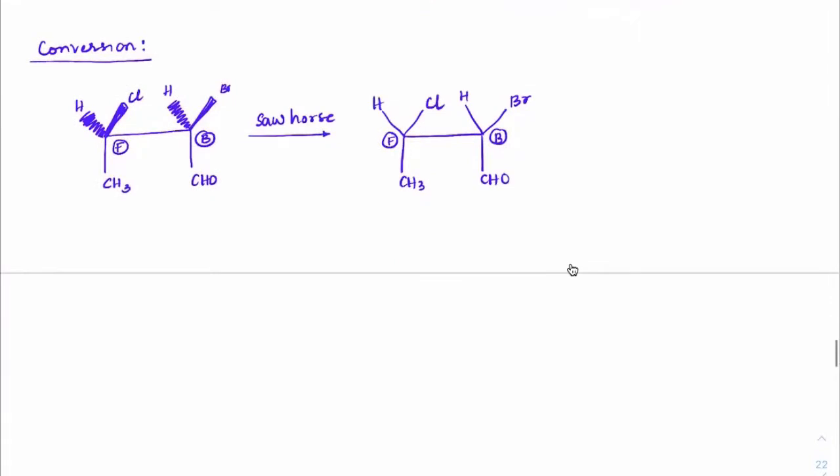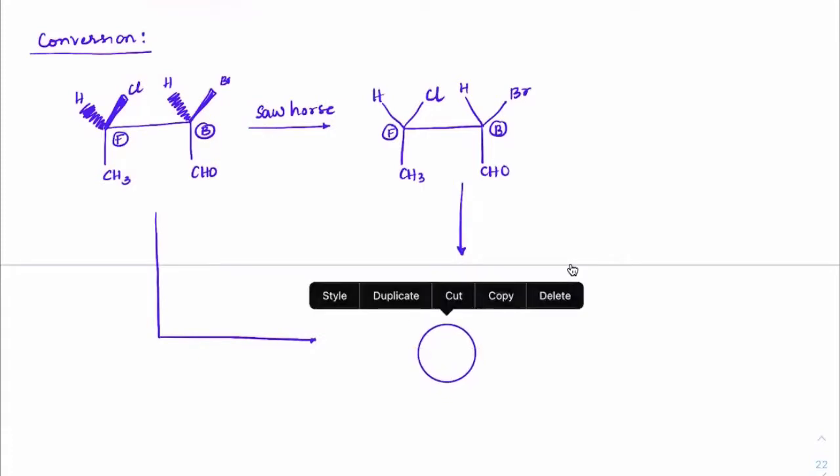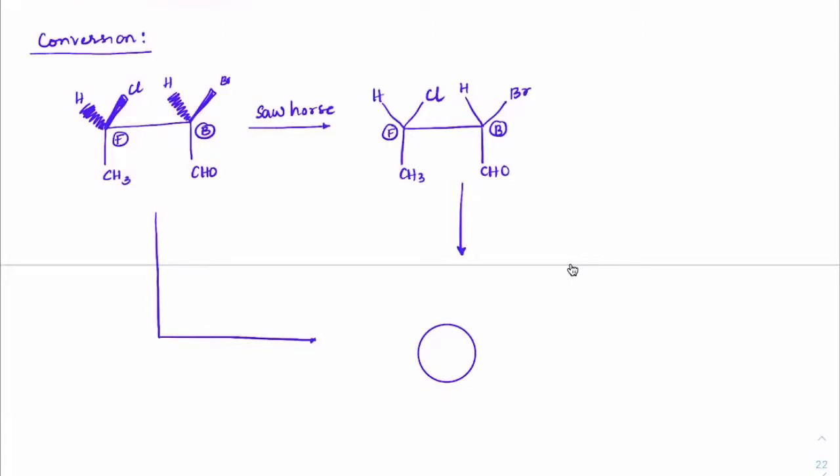Got it? Now same image, imagine either from watching this or by watching this, you should be able to figure out what is the Newman projection. See, I'm writing the Newman projection. Now I'm not telling you anything. You have to just visualize on your own what I have written. Okay.